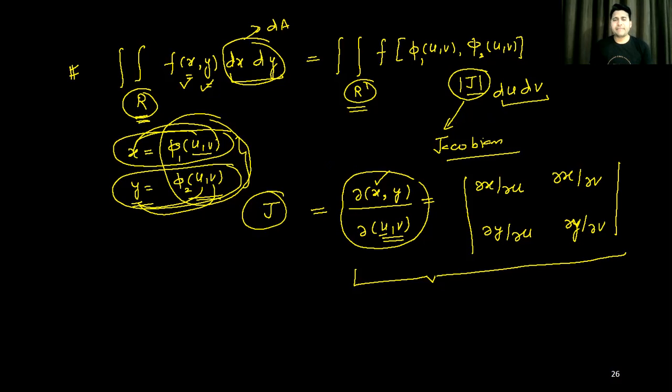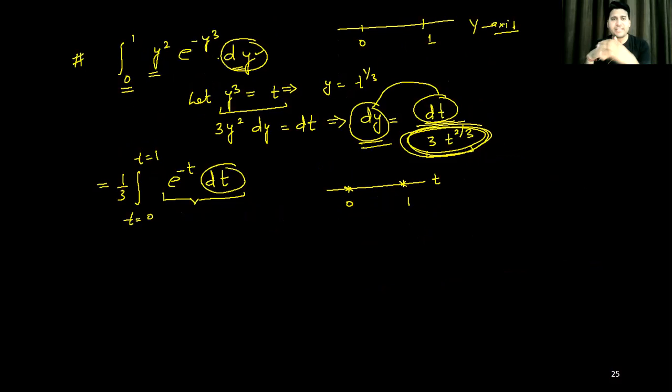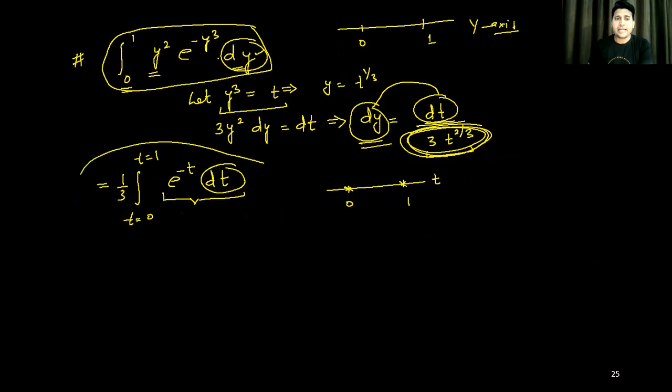At the same time, when we are changing an integral into polar coordinates, what is the goal of changing the variable? Same as the previous one. You can see, to solve the original integral over here is a little bit challenging. So why am I changing the variable? To reduce its complexity.